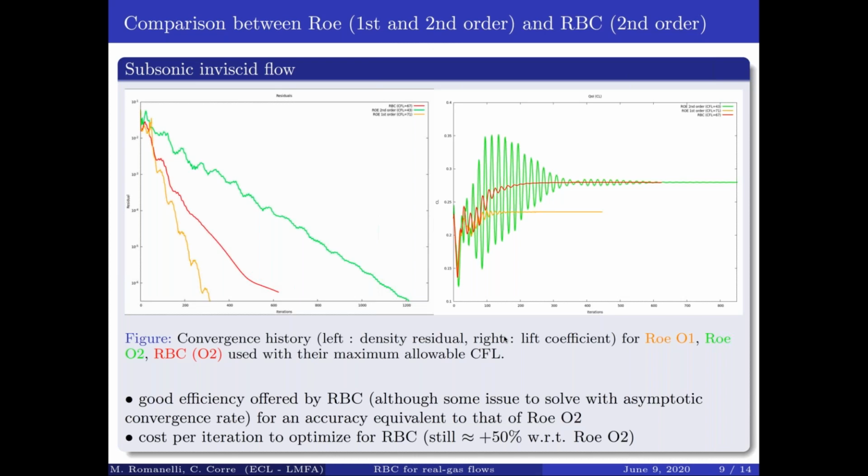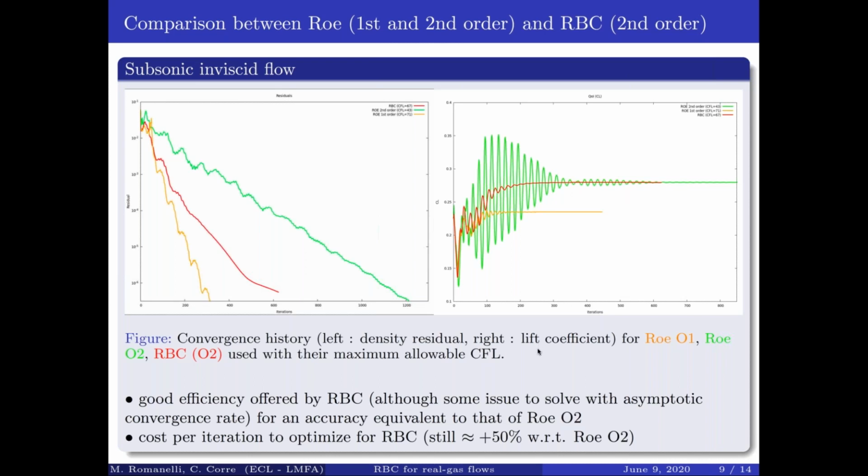And so the good news is that, even though there are still things to fix, of course, for instance regarding the behavior here, the nice point is you can actually achieve what you expected from the start. You can achieve a faster convergence to steady state because you have a better intrinsic efficiency for the same accuracy.